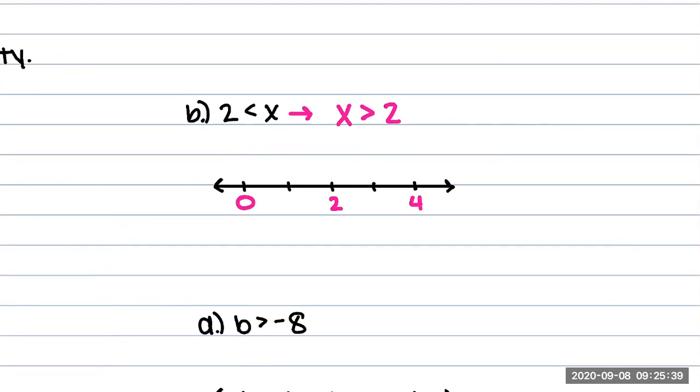Now here, my sign tells me that it's not equal to 2, so I'm going to have an open circle on that 2. And then from there, I'm going to use my inequality sign to point my line. It's pointing to the right, so my line's going to run to the right. So again, this is just another way to do it, where my line is a squiggly line, so I see the difference between my number line and the line I'm drawing over the number line.